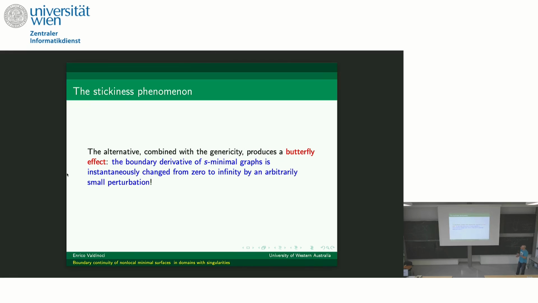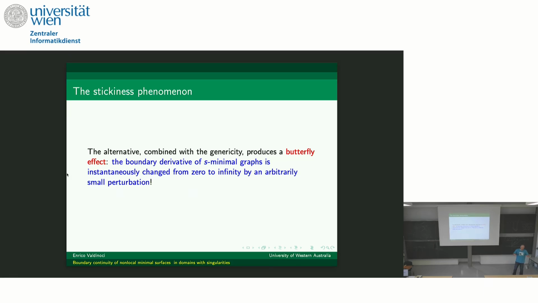And you may also consider it as a butterfly effect, in the sense that the boundary derivative of an S-minimal graph can change instantaneously from 0 to infinity by an arbitrarily small perturbation. Because if you put the various results together, you may say, okay, let me start with a configuration in which I don't have stickiness.